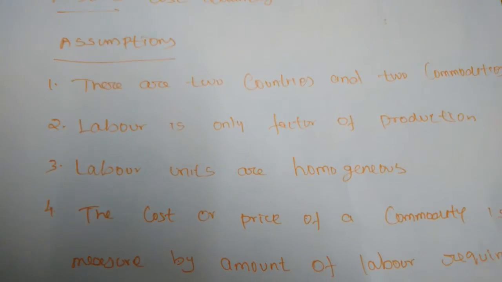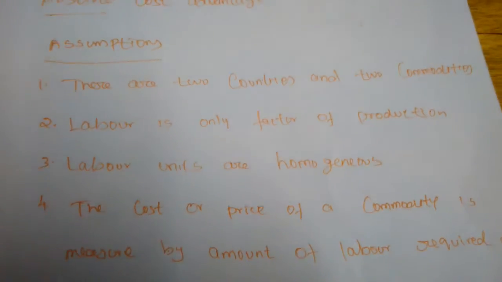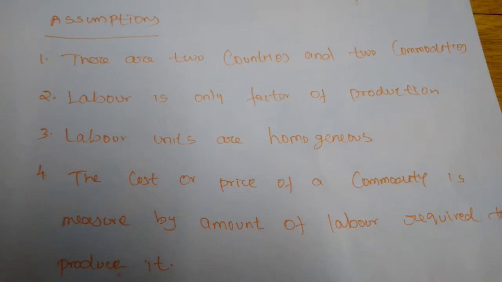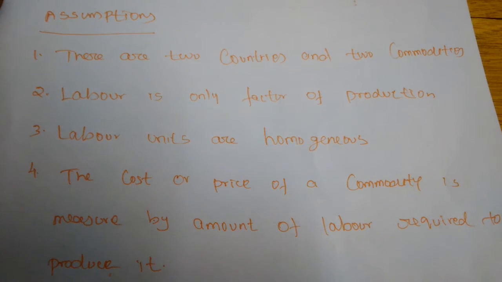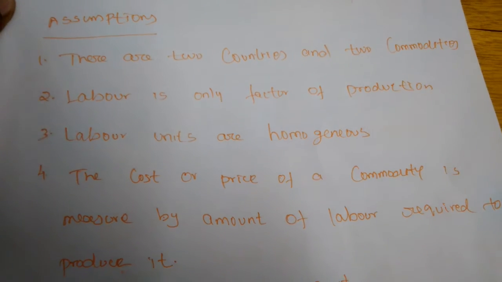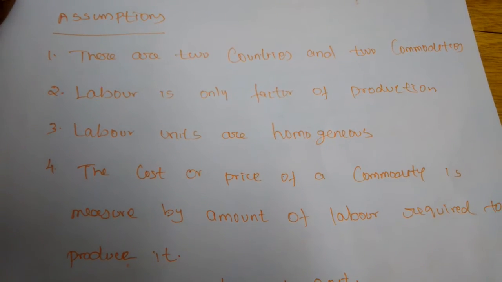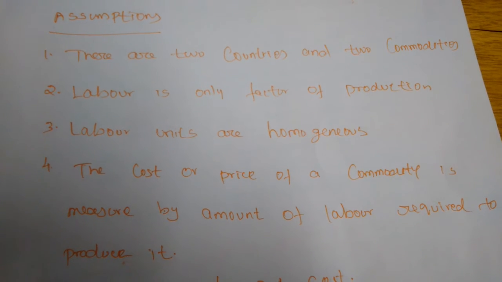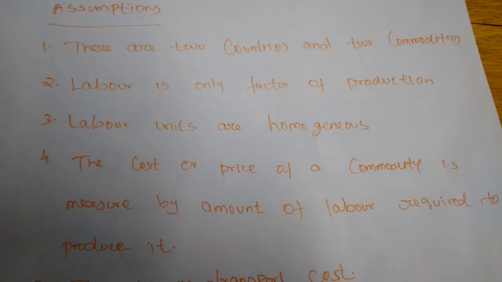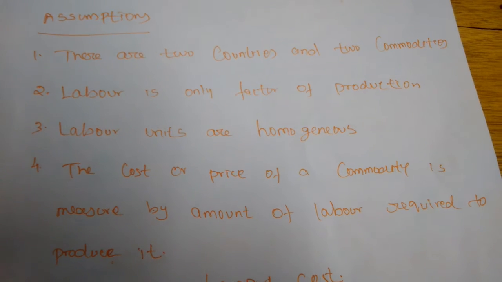For example, if there are two nations, India and America, and India can produce wheat for 1 rupee while America produces the same wheat for 2 rupees.